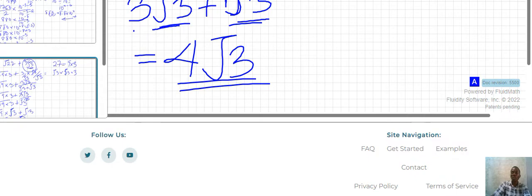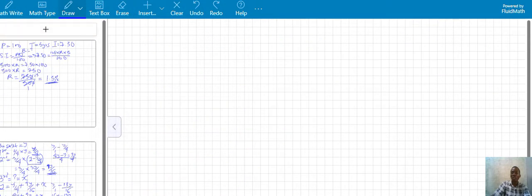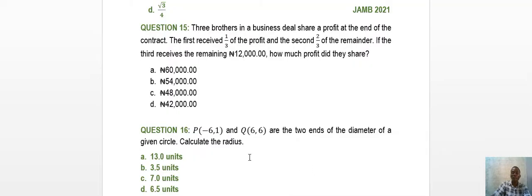Question number 15, we are going to consider question number 15. Question number 15 says, three brothers in a business deal share a profit at the end of the contract. The first received 1/3 of the profit and the second 2/3 of the remainder.